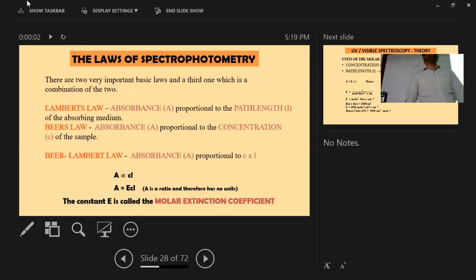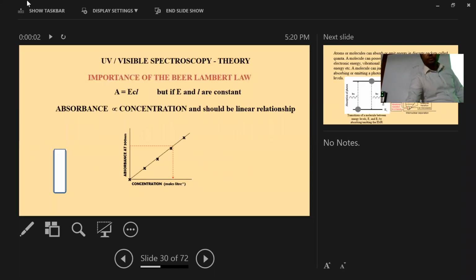So if we have any sample, to determine the concentration of an unknown sample, I have shown you that graph, this one. If this is constant, that means L is constant.